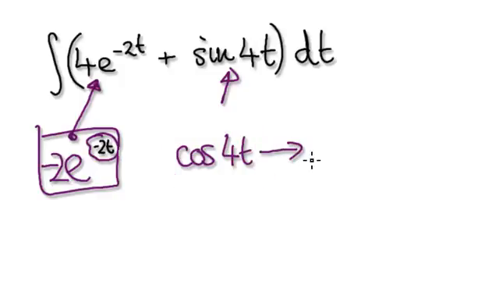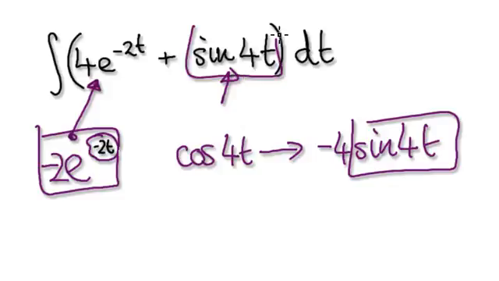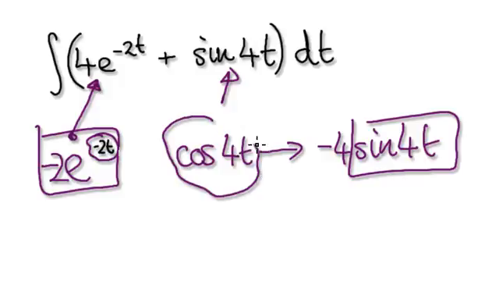So let's differentiate this. It will give us minus 4 sine 4t. Okay, so this bit here is good because it matches up with this, but we don't want the minus 4. So let's make the adjustment to our original guess.